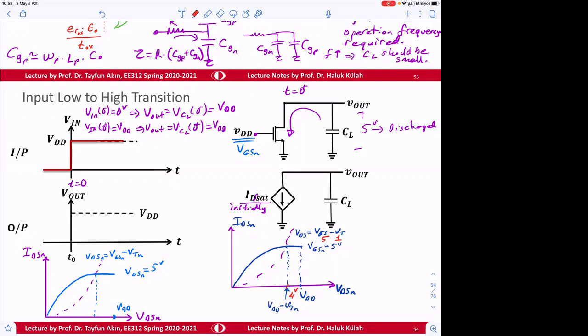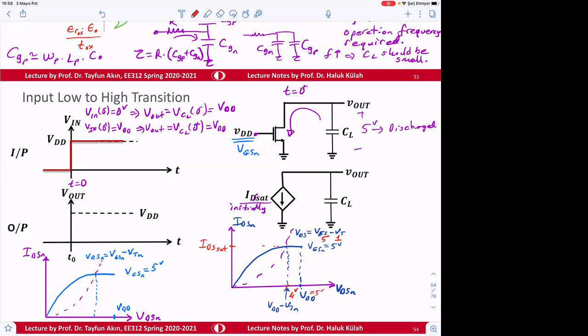Okay. So the current is going to be initially IDS SAT, but then the discharging current will be changing.